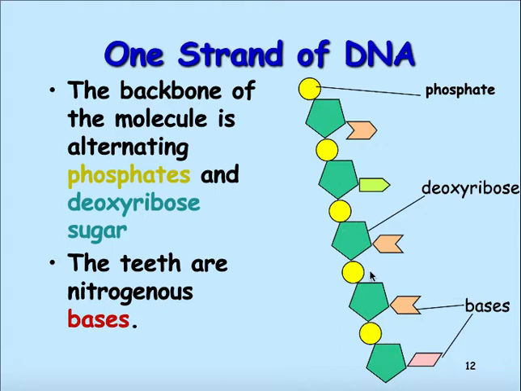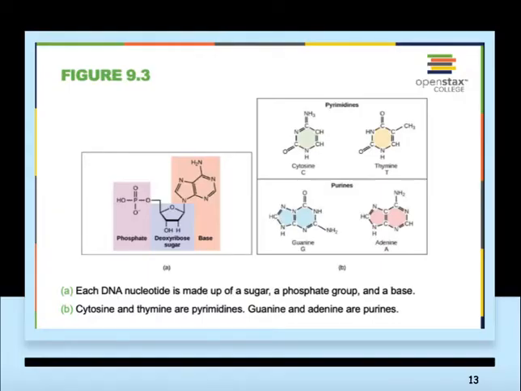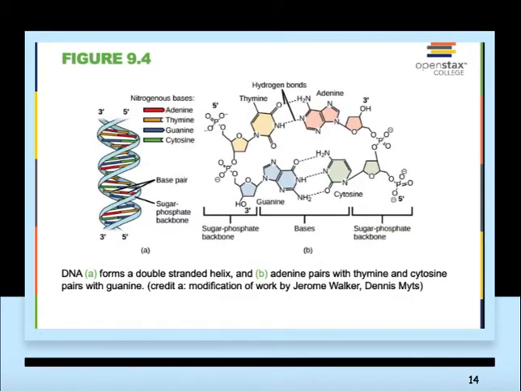A covalent bond is really strong. It's covalent bonds that actually hold this backbone of phosphate and deoxyriboses together, and that's a very strong bond. The importance of that is that these little matching tags that hold the two sides of the ladder together are actually a much weaker bond called a hydrogen bond.